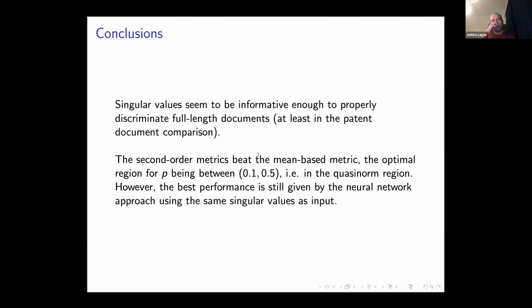So what we can conclude from here, quite nicely because of the neural network, is that the singular values are enough to discriminate between full documents. And the second-order metrics always seem to be better than the mean-based metrics, where we can always find the optimal region for the p between 0.1 and 0.5, so in the quasi-norm region of the Schatten p-norm.